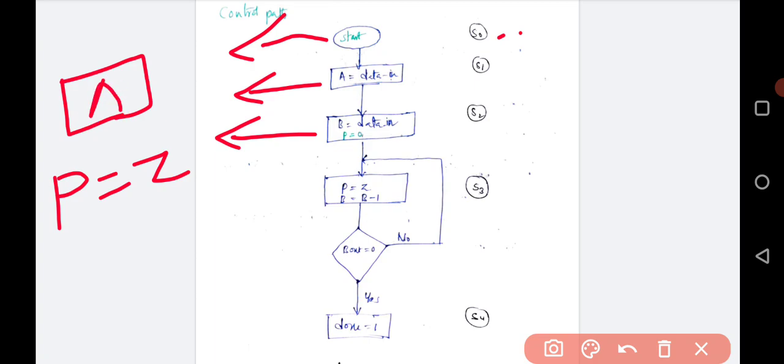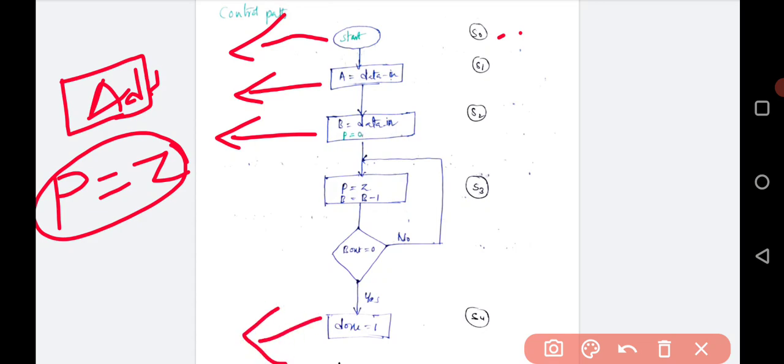The previous adder output can be represented as Z. So whatever the previous data, that Z value is stored in register P. B is equal to B minus 1 means that obviously the B value is decremented by one. If the B value is equal to 0, then we have to come out of the loop. If B is not equal to 0, then perform the same addition repeatedly.